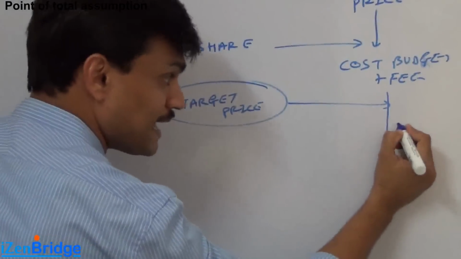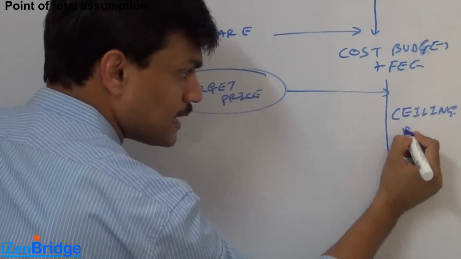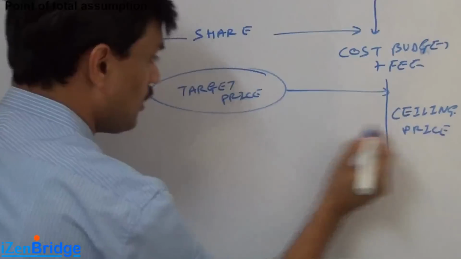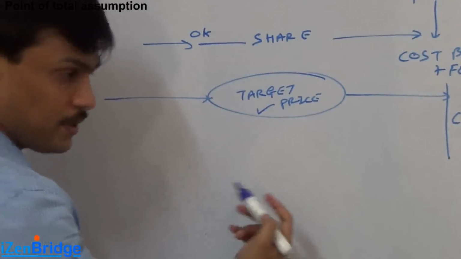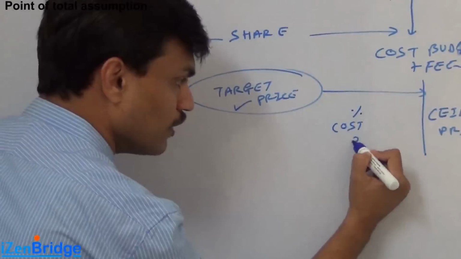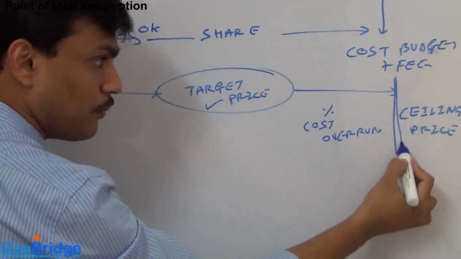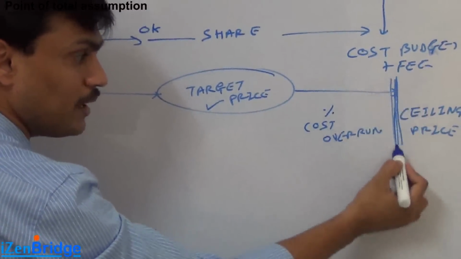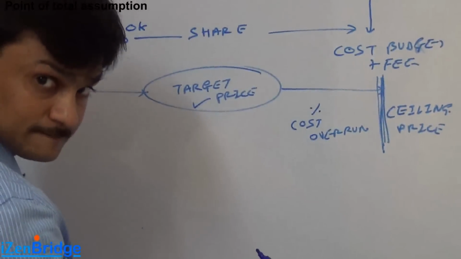I want to put a ceiling on it. I want to put a ceiling price, that okay, we will target this. If cost goes up, I will share some percentage of the cost overrun till the time my money outgoing is not crossing the selling price.